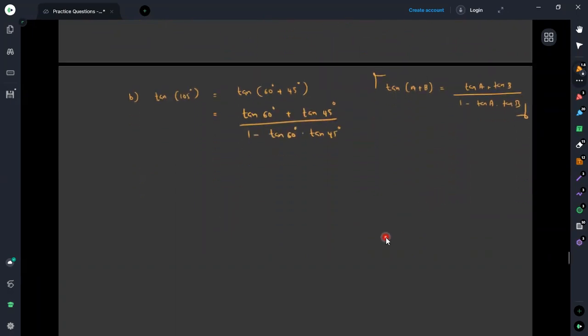If you do the substitution, tangent 60 is equal to root 3 and tangent 45 is equal to 1. Then, if you do the calculation, we'll get root 3 plus 1 over 1 minus root 3.